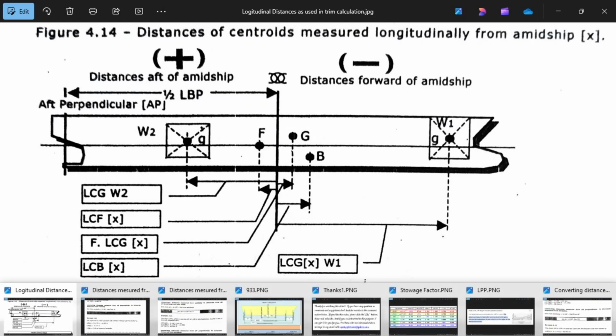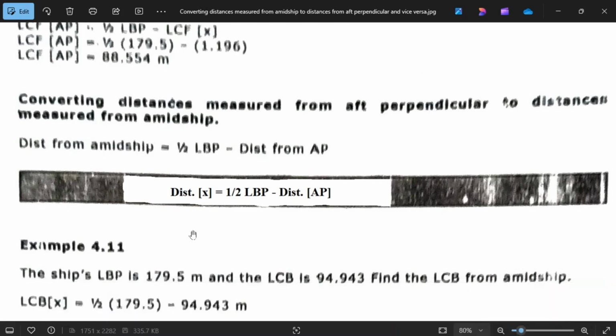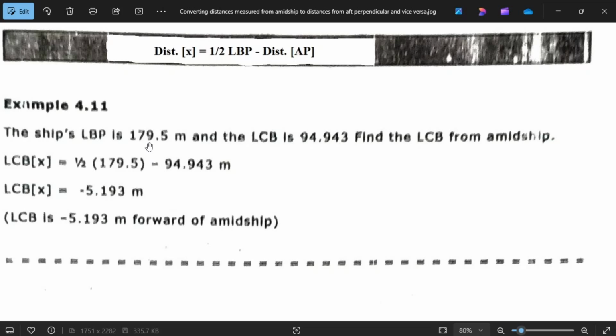Okay, where is it now? I think this one. So 1/2 LBP measures distance from upper perpendicular. So let's see the problem, guys. The ship's LBP is 179.5 and the LCB is 94 positive, meaning up.